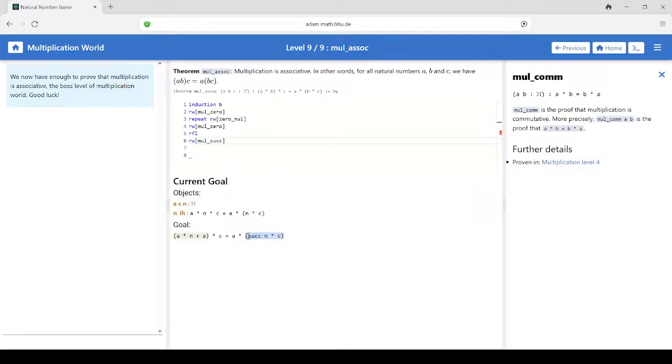If I can just get plus A on this side, then maybe that'll work out. That didn't do anything.